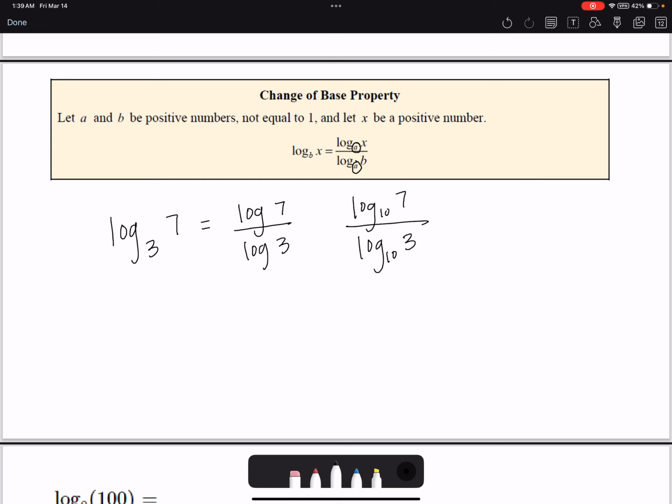You could also do ln of 7 over ln of 3. As long as the bases are the same, it doesn't matter which number you choose. We just choose log base 10 or ln to type into a scientific calculator.